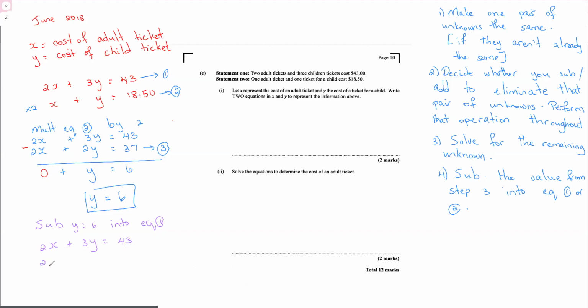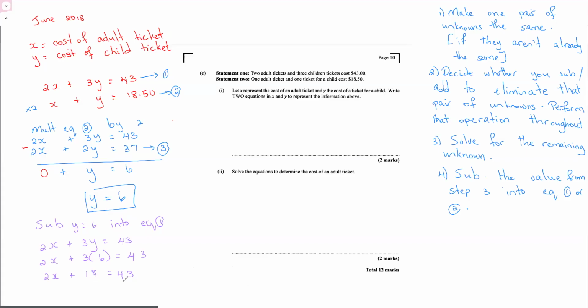So wherever I have y, I'll replace it with 6. Right, so we replace it with 6.